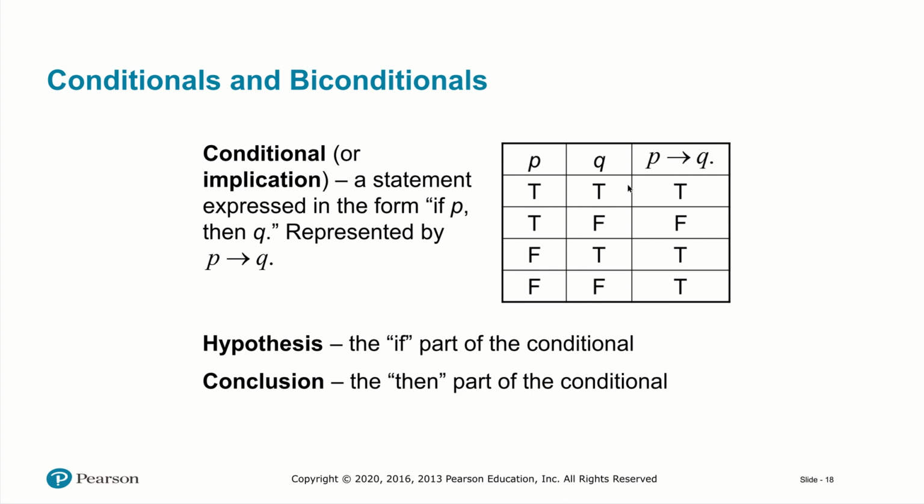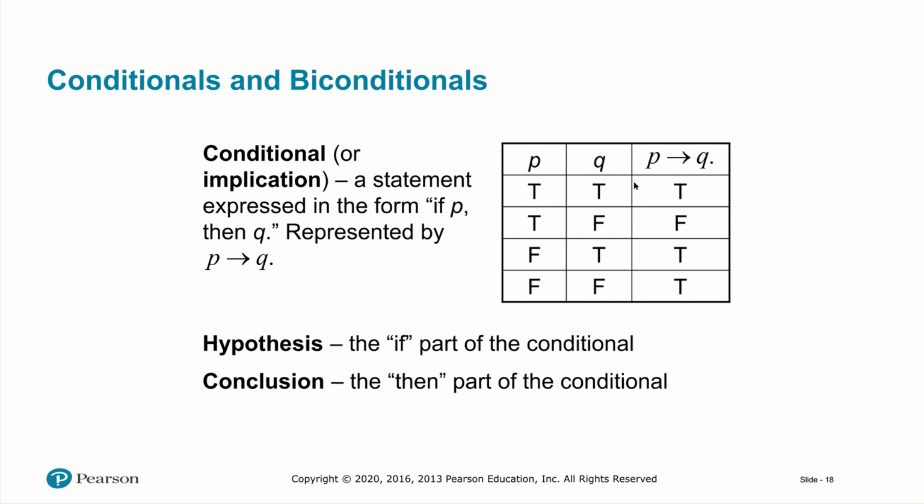And notice that a conditional is similar to a disjunction, right? In fact, later we will show that it is logically equivalent to a particular disjunction, which we'll see later. And because of that, it behaves very much like a disjunction as well.